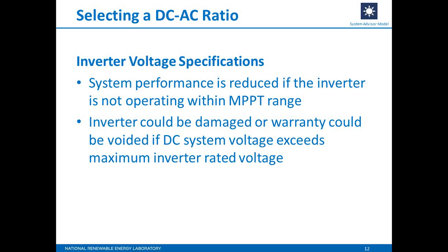Another consideration is that if your DC system voltage exceeds the maximum inverter rated voltage, your inverter could be damaged, or you could void the warranty on your inverter so that if something does happen to it later, you can no longer get a warranty fix for it. The DC voltage experienced by an inverter is impacted most directly by the number of modules per string, but it can also be affected by the selected DC to AC ratio, especially if SAM is set to the mode where it automatically sizes the system.